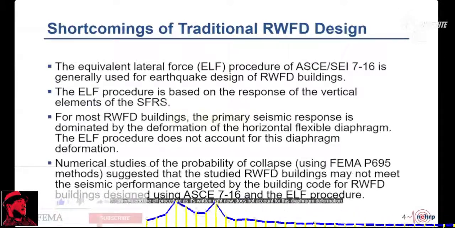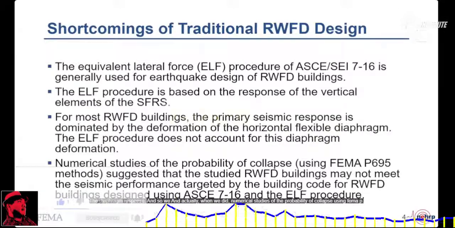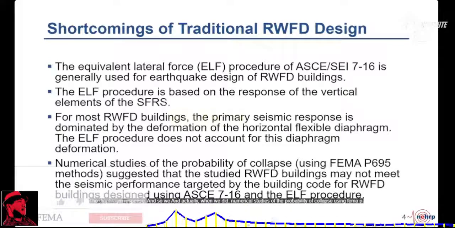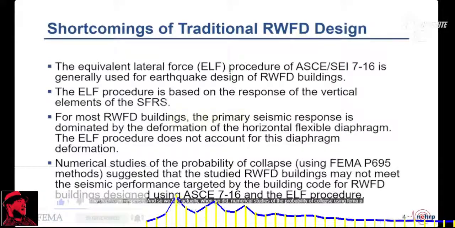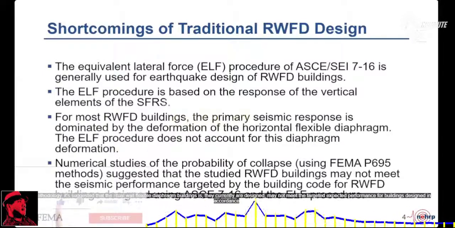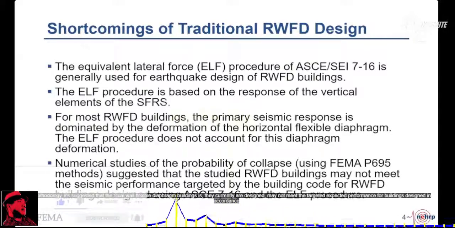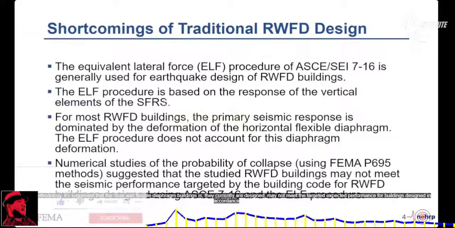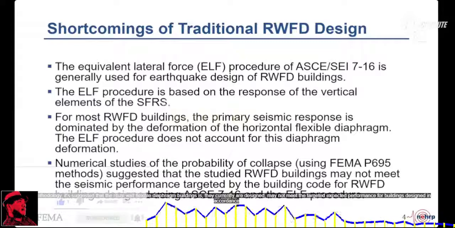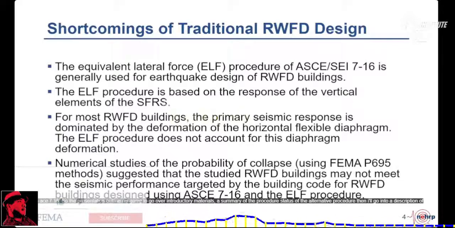And the ELF procedure, as it's written right now, does not account for this diaphragm deformation, the diaphragm response. Actually, when we did numerical studies of the probability of collapse using the FEMA P-695 methodology, it suggested that the rigid wall flexible diaphragm buildings as they currently are designed may not meet the targeted expected performance for buildings designed in accordance with ASCE 7-16.